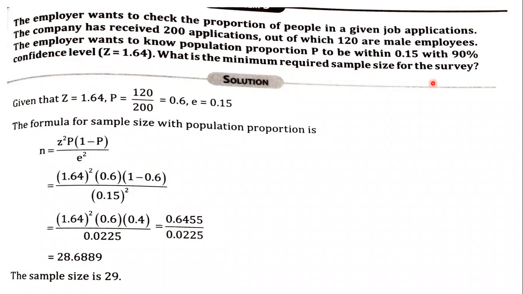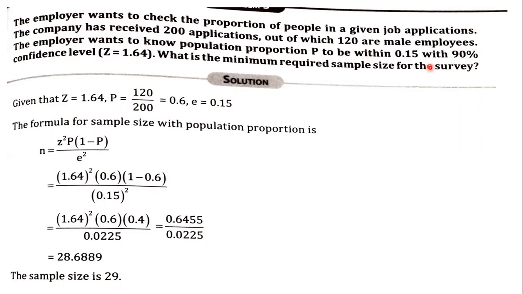So my total population, the total number of people, is 200. Out of 200, 120 are male employees who have applied for the job. Now the employer wants to know about the population proportion, denoted as capital P, and they are saying that P will be within 0.15.